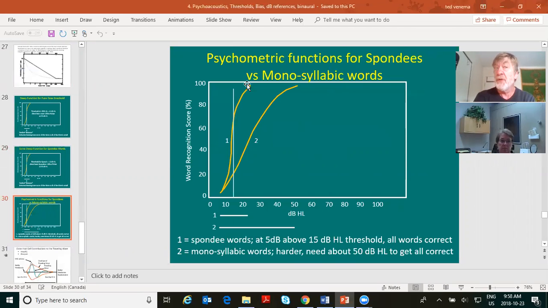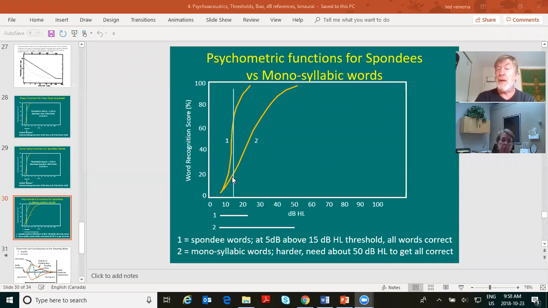Monosyllabic words. In other words, if I tried to play the same game saying, say the word cup, say the word clock, say the word road, you will not get the steep PI function. It will be different. It's going to be sloped. In other words, if I read the words to you at 15, you're barely going to get them. Look at that. Unlike spondees, spondee words was number 1.